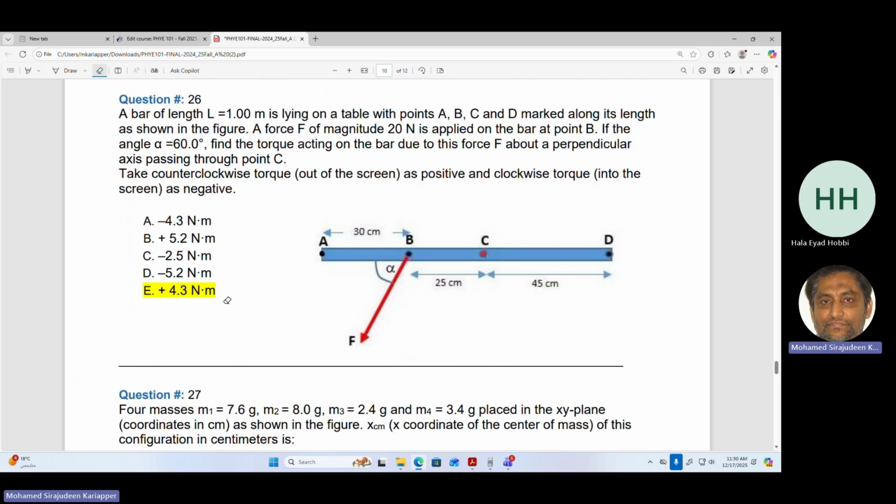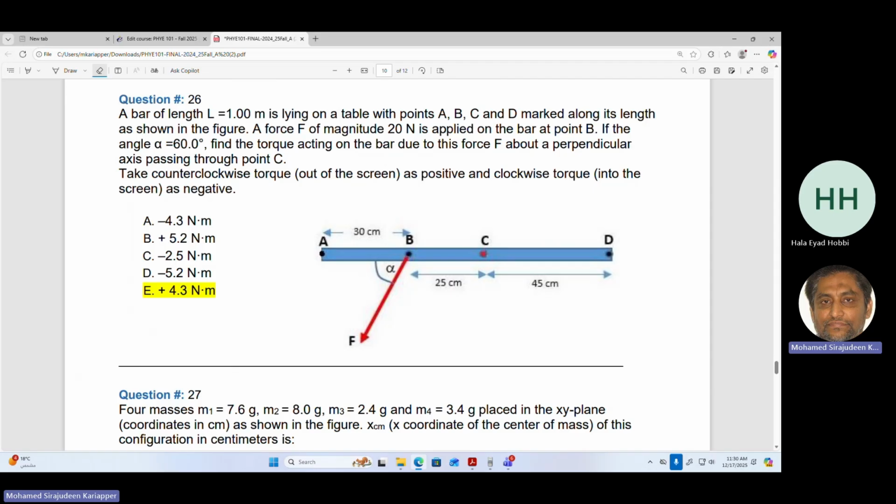Number 26. We are in chapter 8, the last chapter. A bar of length 1 meter. We have a picture. So we have the bar and the force is applied at point B. What is the torque about the point C?